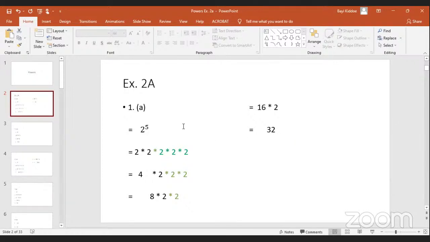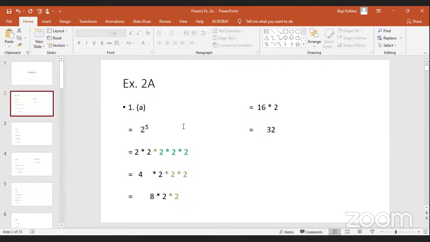So in other words, we could say 2 to the 5th is 2 multiplied 5 times by itself. You are correct. To make it simple, we can say 2 to the 5th is 2 multiplied 5 times by itself.